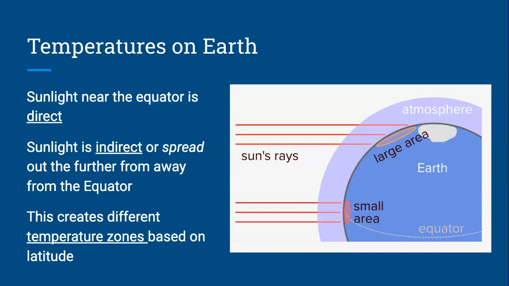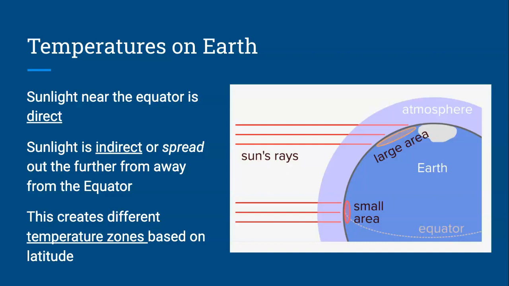However, as you start moving to the northern latitudes or the southern latitudes, as you move away from the equator, sunlight becomes indirect or spread out. The same sunlight is spread over a much bigger area, and therefore it feels cooler. Again, picture walking outside on a winter day.